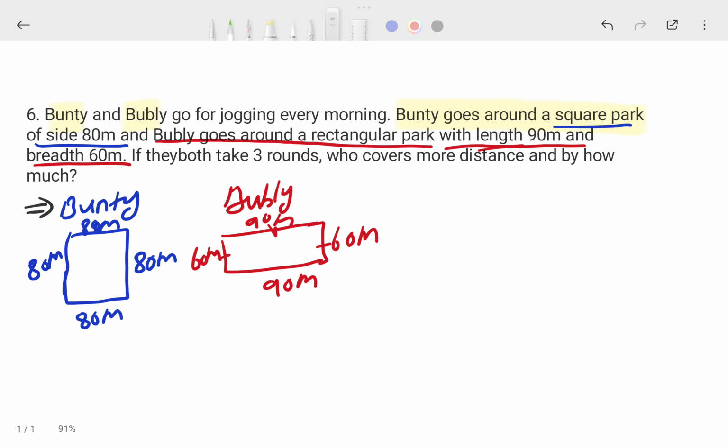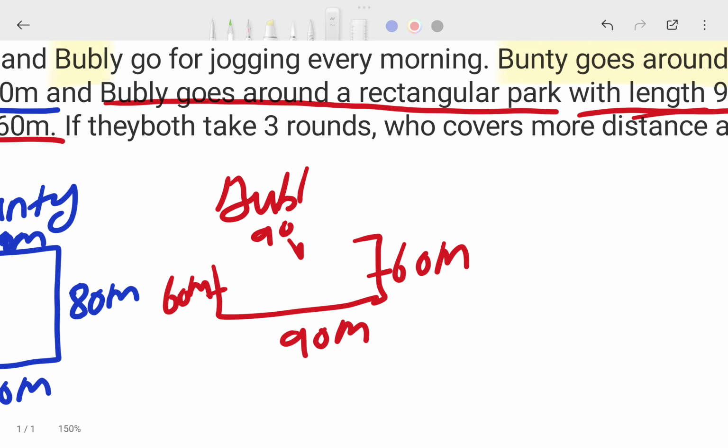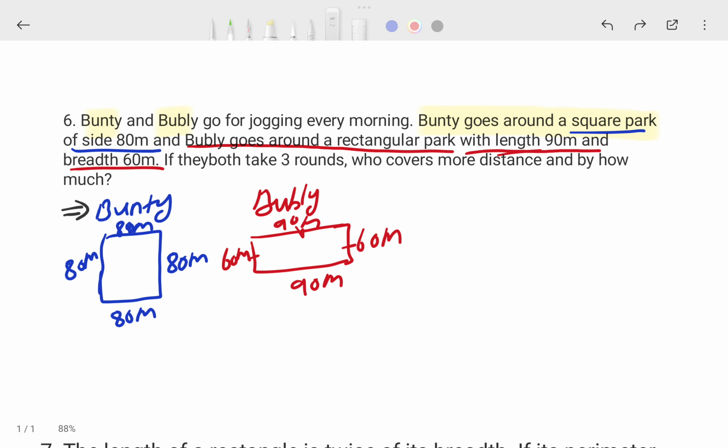So we understand. The next question is telling that if they take 3 rounds, who covers more distance and how much?